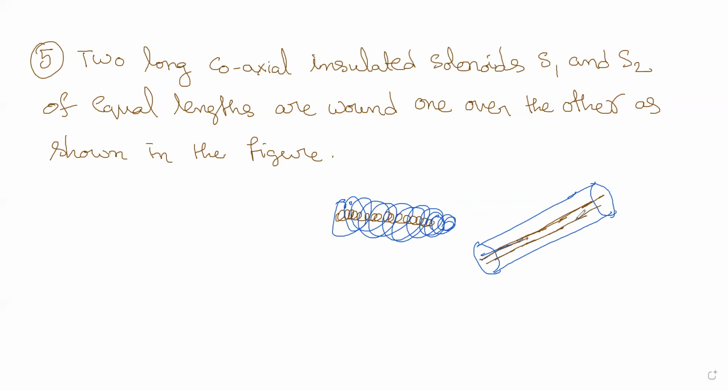I'll draw a cylinder, and over that I will give the winding so that you will understand it much better. Okay, this is one. The second one, the outer one, is like this. So hope you understood, one over the other. They are wound closely, so the windings are very close. It's a close wind.